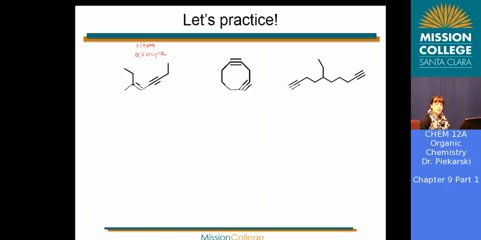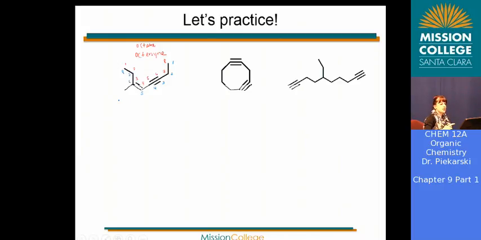And now we want to number. So we kind of have an idea of what our suffix name looks like, but we need to number. So 1, 2, 3, 4, 5, 6, 7, 8. And then I'm going to number from the other direction. 1, 2, 3, 4, 5, 6, 7, 8.